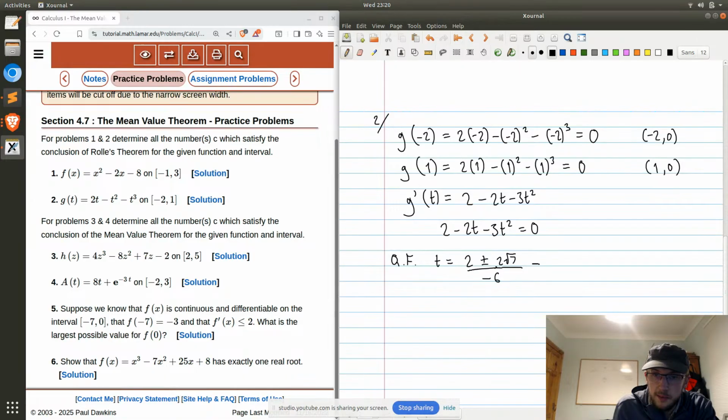So what do we get? We get, first of all, minus 1 plus root 7 over 3. And secondly, root 7.